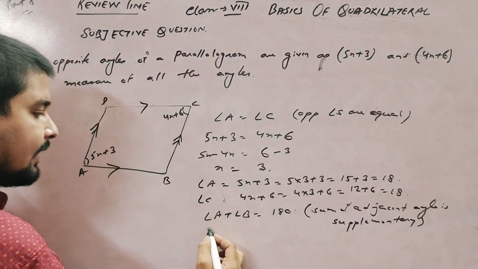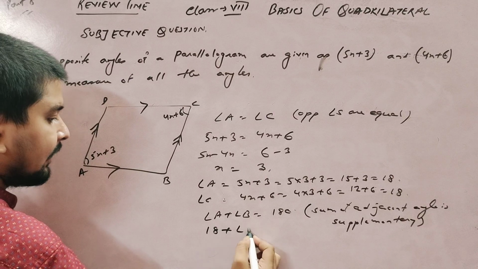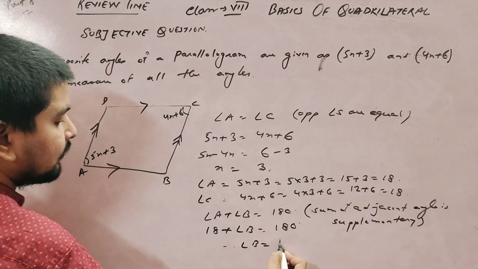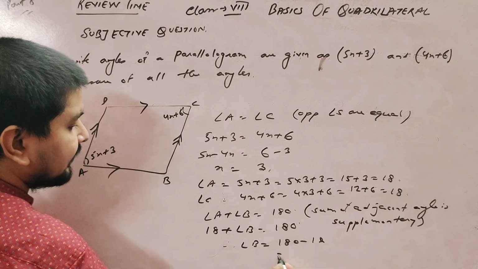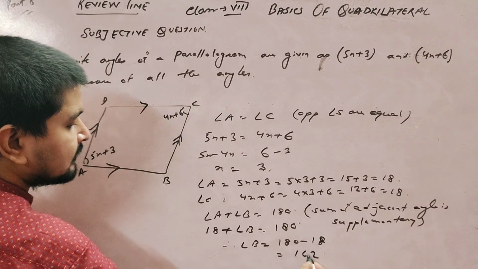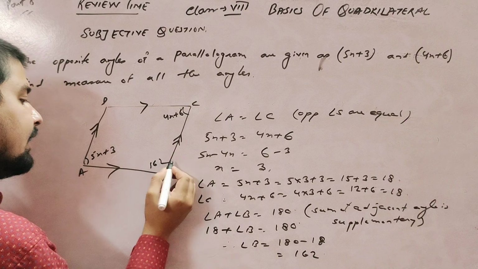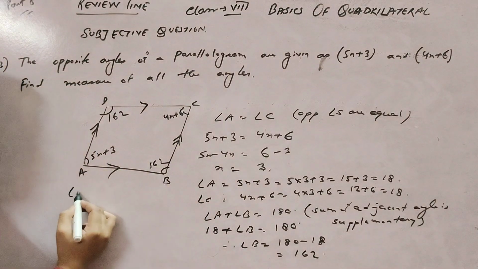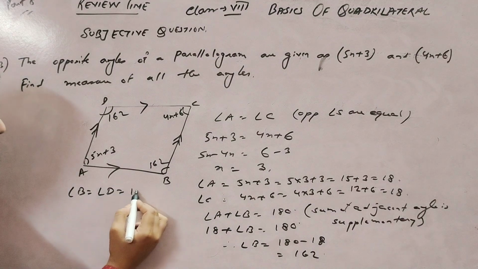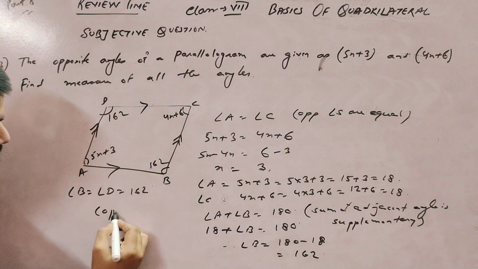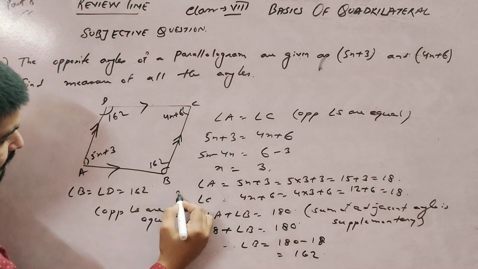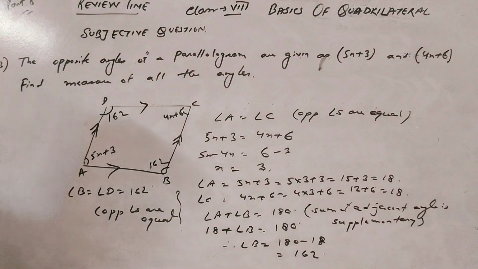So angle A is 18, therefore angle B equals 180 minus 18, that is 162 degrees. If angle B is 162, angle D is also 162, because opposite angles are equal. Okay, note.